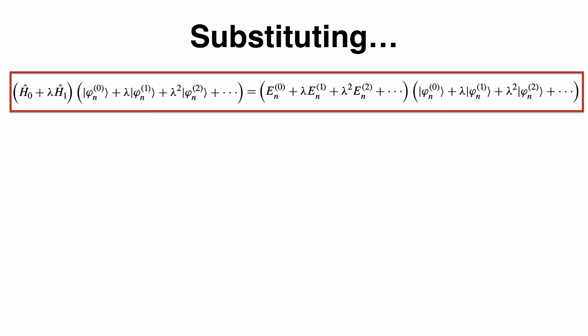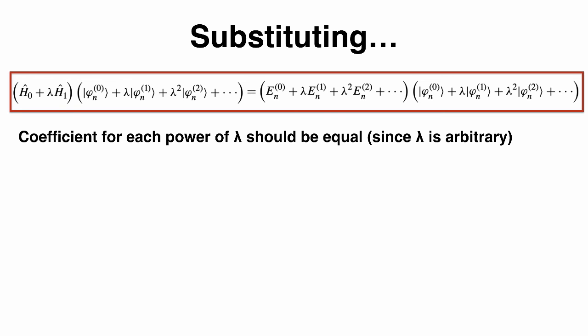So let's do that. The coefficient for each power of lambda should be equal, since lambda is arbitrary, we know that. So at the 0th order, on the left-hand side, we only have H0 phi_n0, and on the right-hand side, we have E_n0 phi_n0.